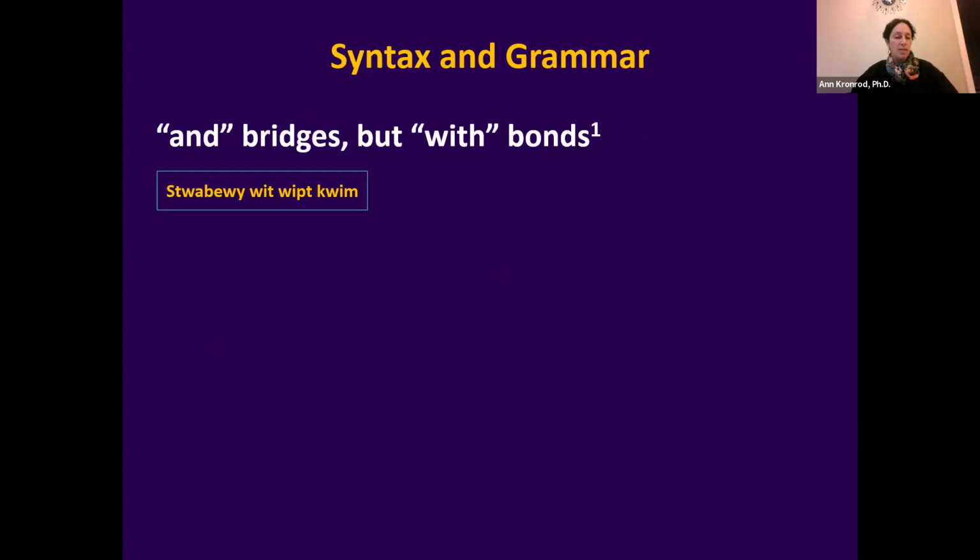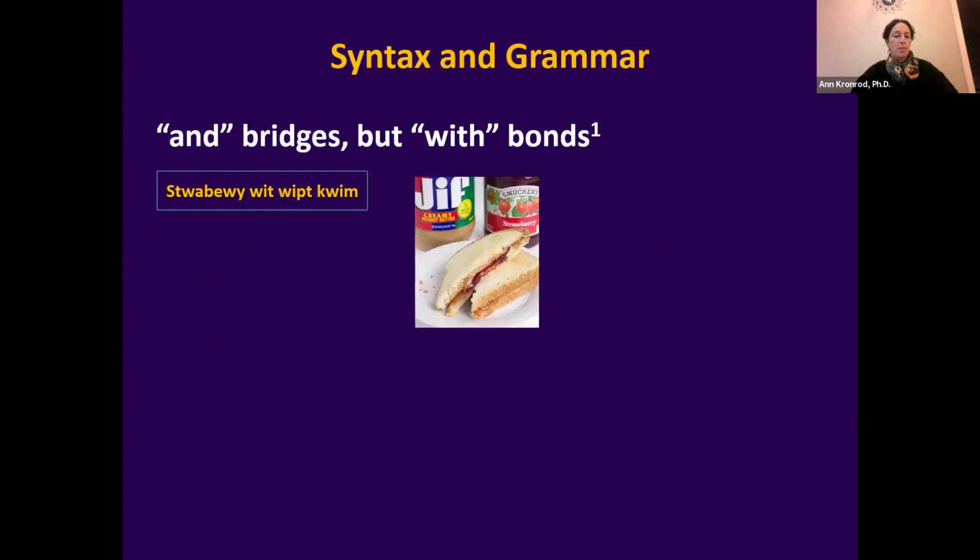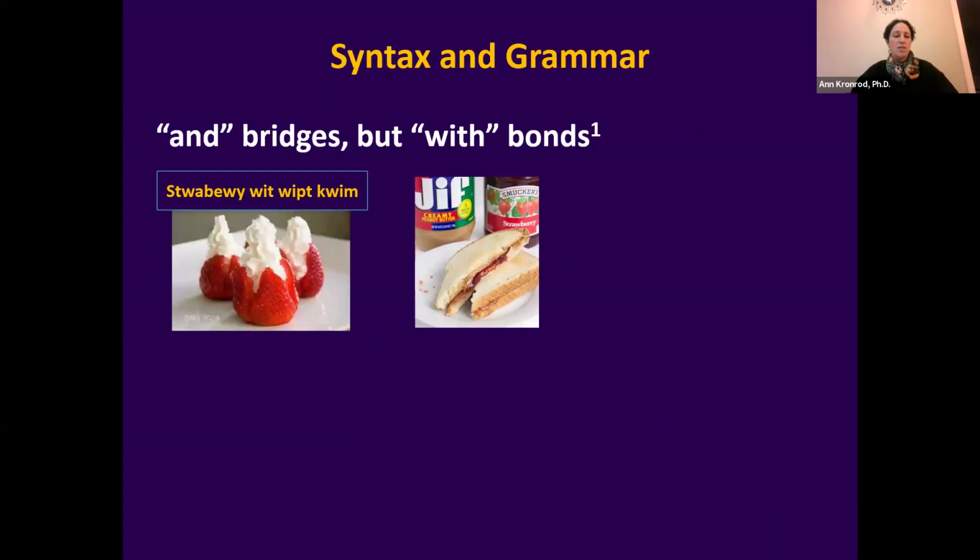If you choose and, peanut butter and jelly, versus strawberry with whipped cream, right? With sounds to people like by definition together, coming together. If you put and, it sounds like a nice-to-have, but not necessary.